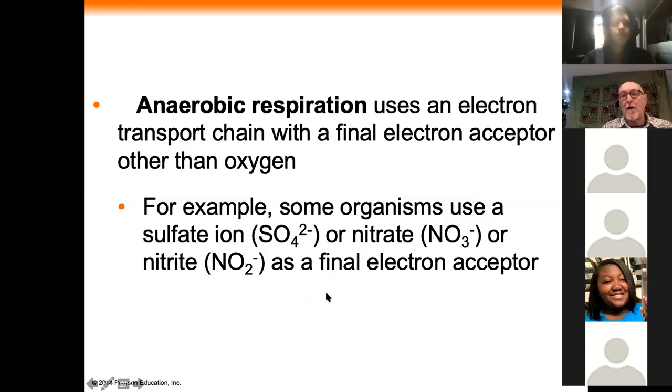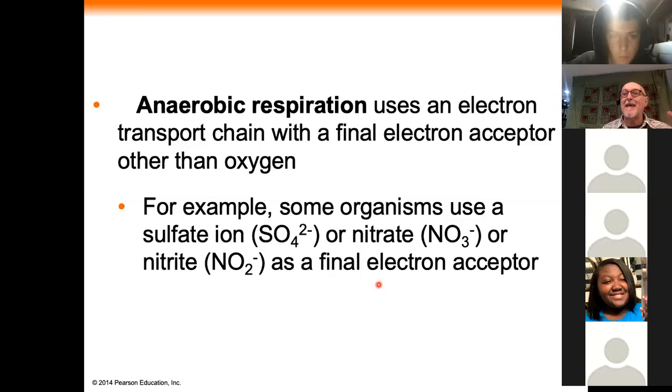But many prokaryotes are able to use an ion that is rich in oxygen, such as sulfate or nitrate or nitrite, as the terminal electron acceptor. What they're really doing is using the oxygen within that ion as the terminal electron acceptor. And it works very well. It's not as efficient as completely aerobic respiration, but it's much more efficient than fermentation.